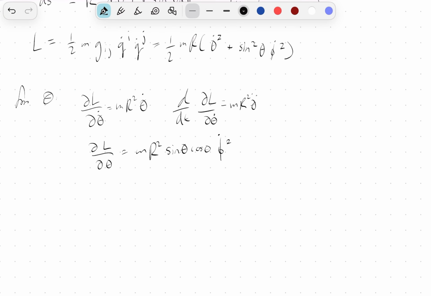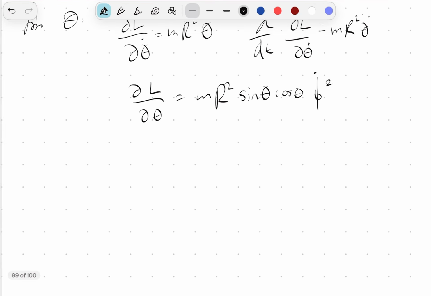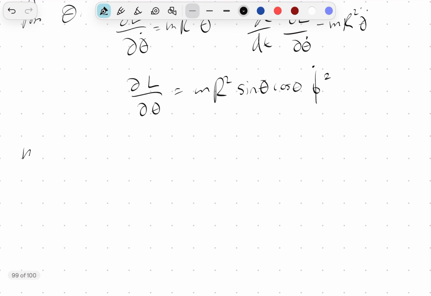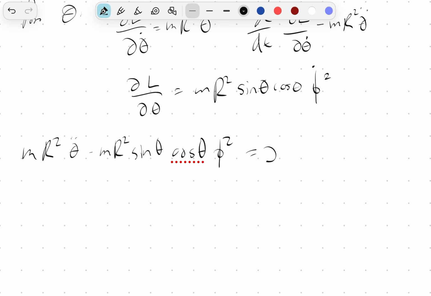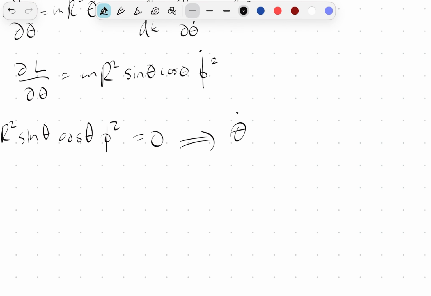Okay. Then what happens is the Euler-Lagrange is going to give us m r squared theta double dot minus mr squared sine theta cosine theta phi dot squared equals 0, which gives us the equation of motion for the polar coordinate.